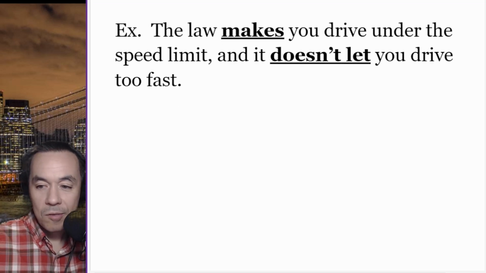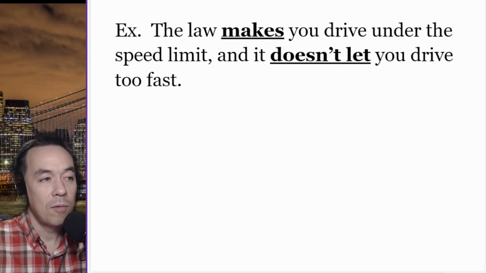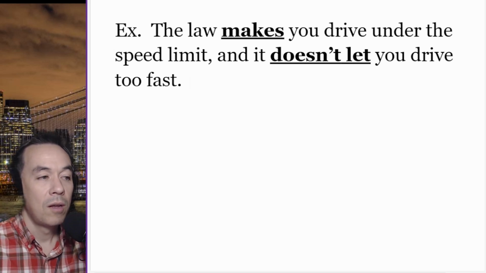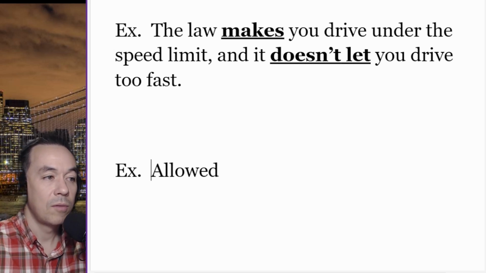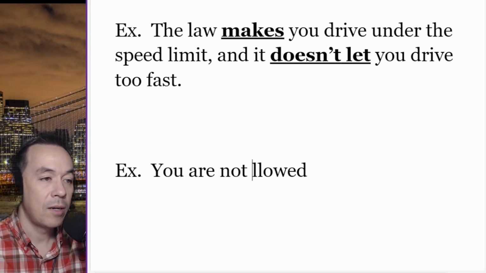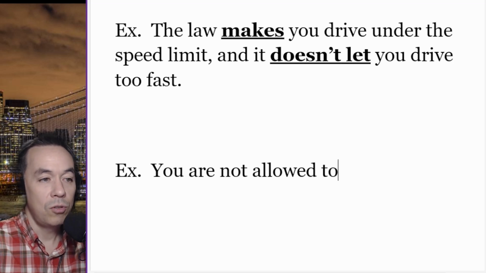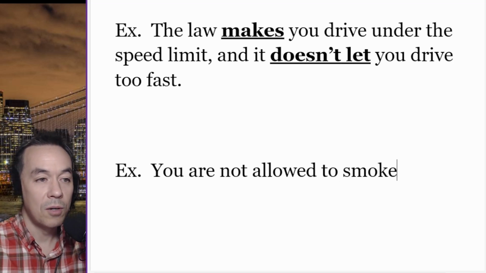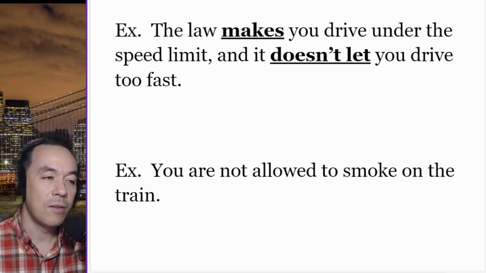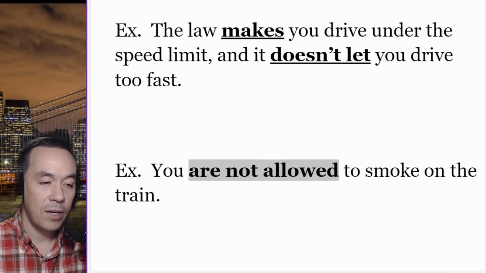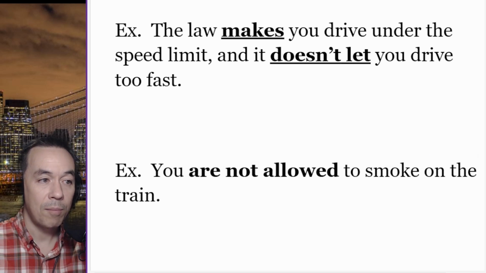So one more thing is the word allowed. For example, you are not allowed to smoke on the train. Now this is complicated. You are not allowed. That's actually the passive style: are, and then the past tense, allowed.